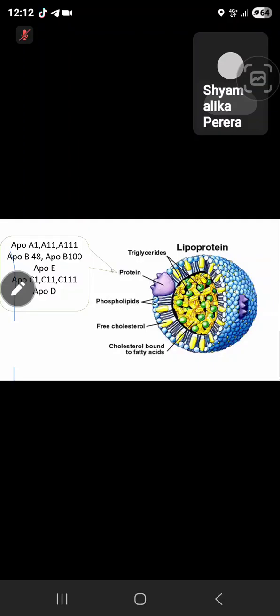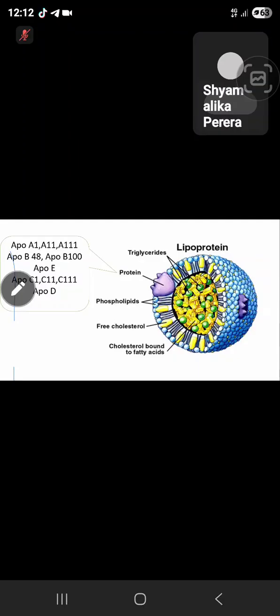In this lipoprotein molecule, there are special proteins embedded in the outer membrane, which are ApoA1, 2, and 3, ApoB48, ApoB100, ApoE, ApoC1, C2, and C3, and ApoD. These molecules define different lipoproteins. I will tell you later.